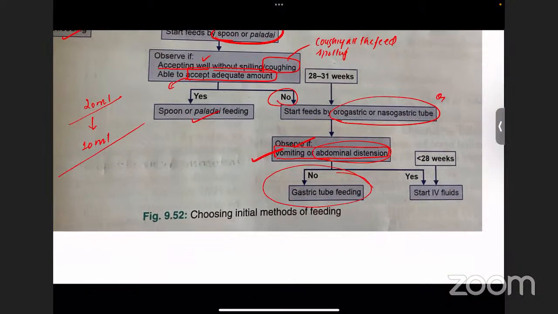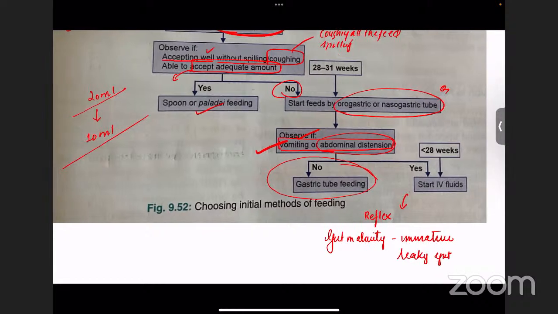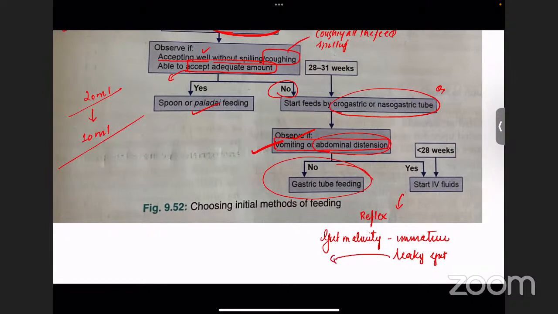as I say, this is not only about the reflexes, it's also about the gut maturity. If the gut is immature, most of the time it's a leaky gut. So whatever you give leaks into the submucosa, where it comes in contact with the capillaries, and your immune system is already immature.